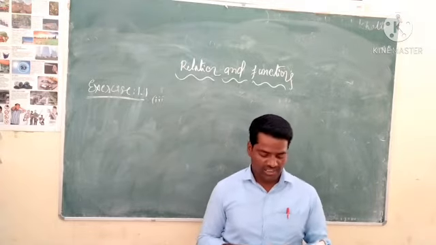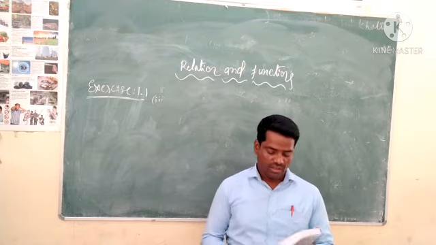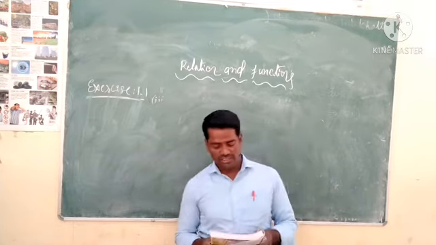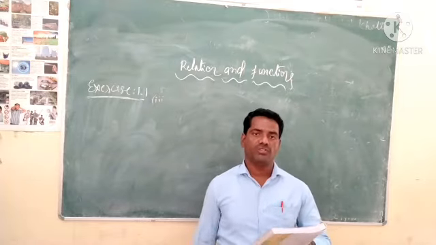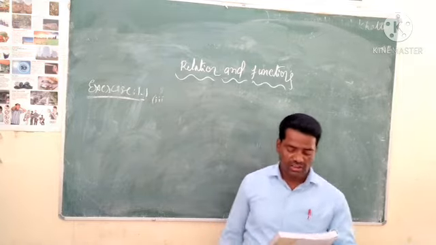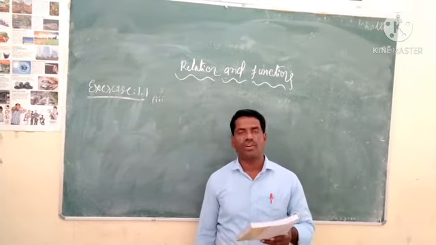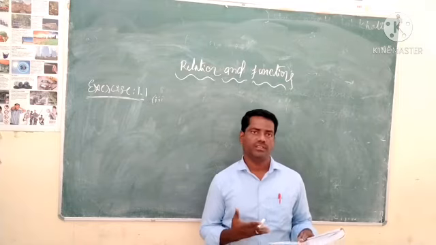Next, x is exactly 7 centimeters taller than y. It is not reflexive, not symmetric, not transitive. Then (x, y) where x is the wife of y.